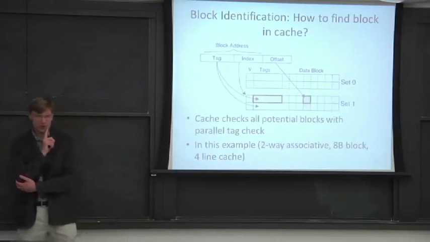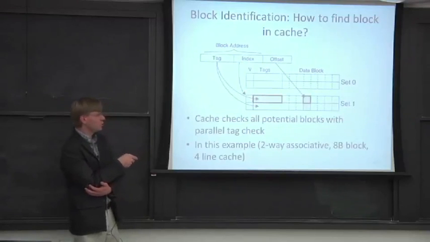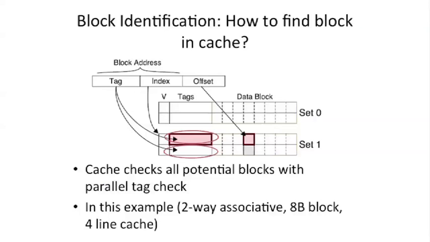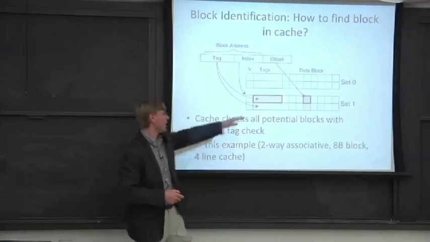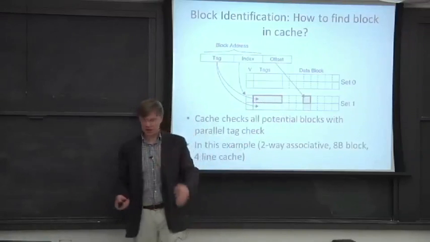But for a cache like this, the index is going to tell us which of the 2 sets it's in, but it can be in either of the 2 ways of these sets. So we actually need to do a tag check against this tag and that tag, and check the 2 valid bits. And many caches can do this in parallel. But that's how you can figure it out. And it's possible it's in neither of those 2, and we have to just take a cache miss.